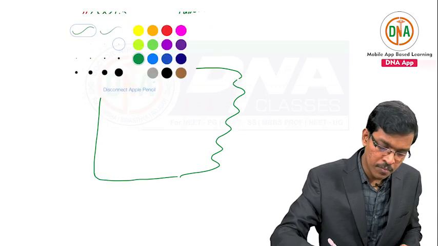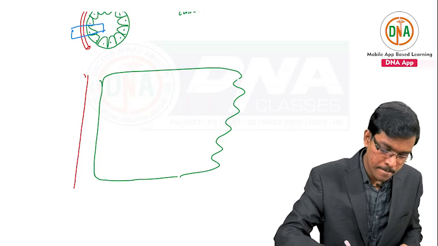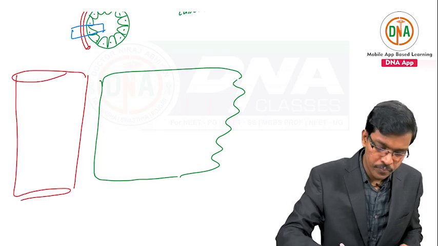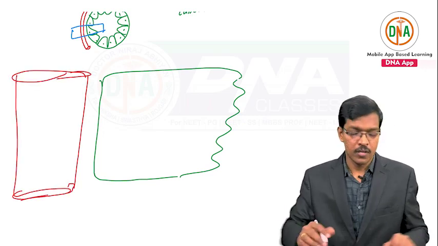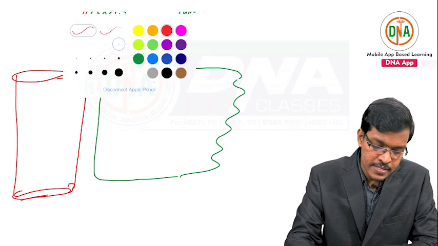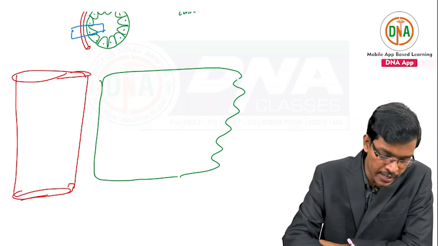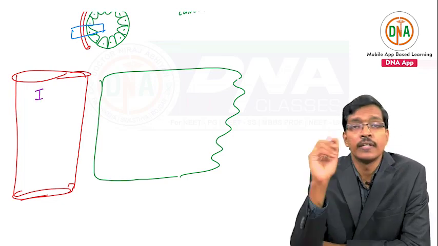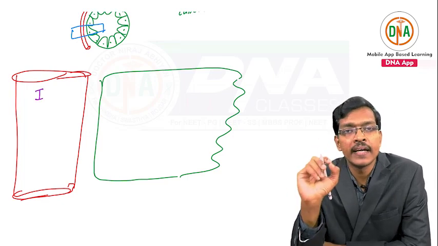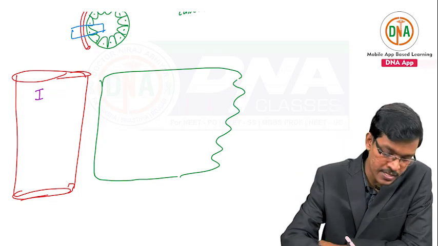And here you have the blood vessel. Okay. Now, let us start with synthesizing thyroid hormone. For that you need iodine, and the iodine which is present in the diet is present in the reduced form, that is in iodide.